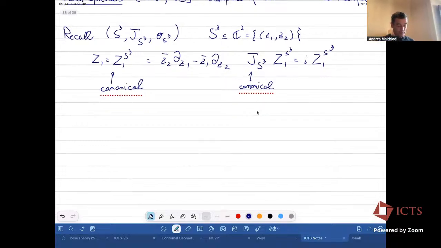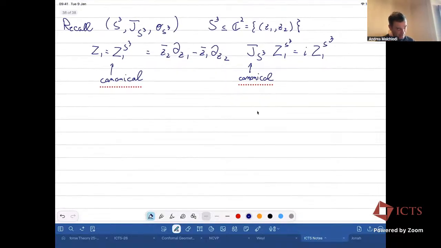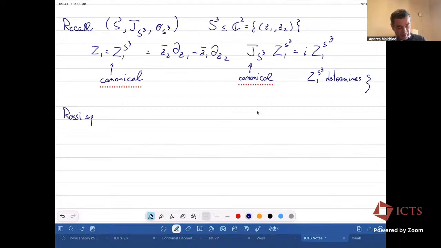So Rossi spheres, and by the way, z1 S3 determines the contact distribution Xi S3.